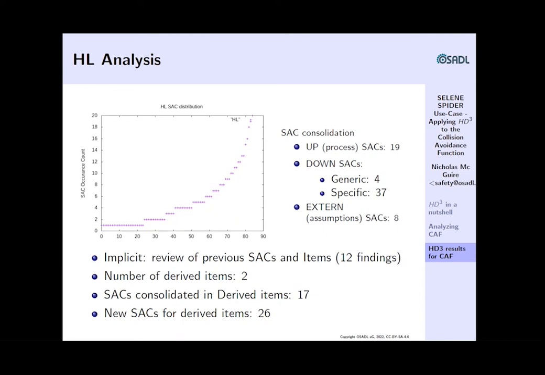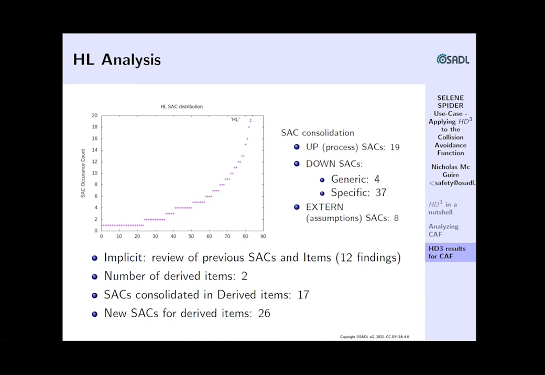And the new SACs during analysis of derived items was then 26. So you do see that this iterative process can reach a relatively high complexity, but again, the goal is a type A system: all failure modes known, behavior in fault condition understood, and adequate data, with the last one, adequate data, not really in the context of HT3.